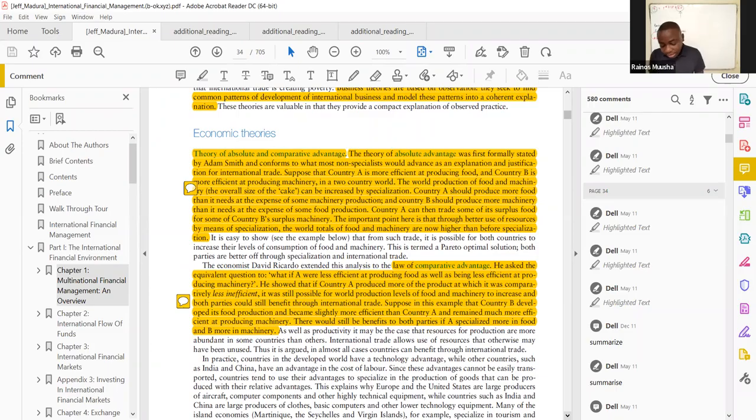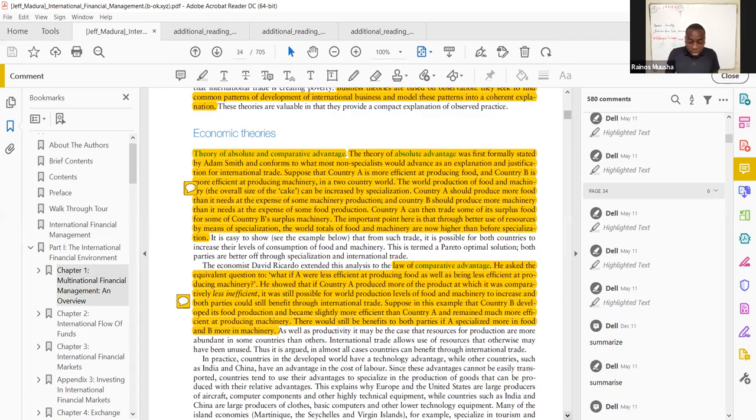Country A can then trade some of the surplus food for some of country B's surplus machinery. The important point here is that through better use of resources by means of specialization, the world totals of food and machinery are now higher than before specialization.